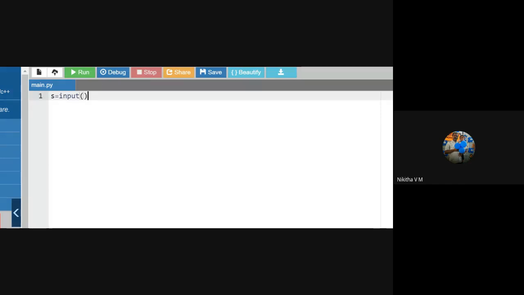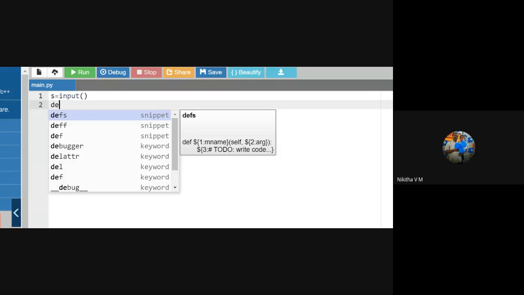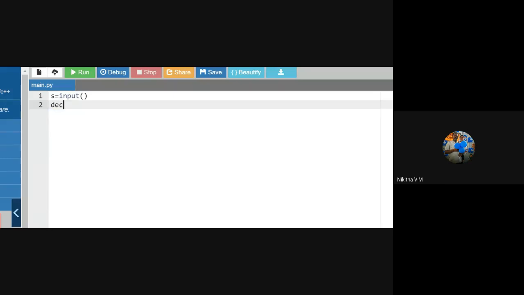Then what should I do? What should I do after taking the input in the conversions? I will take something like decimal. Okay, I have to convert it into decimal only, no?